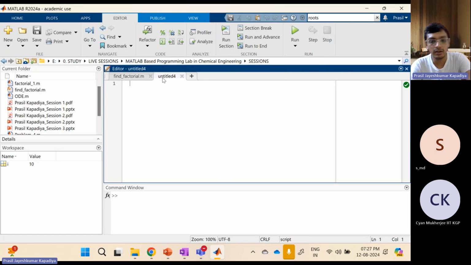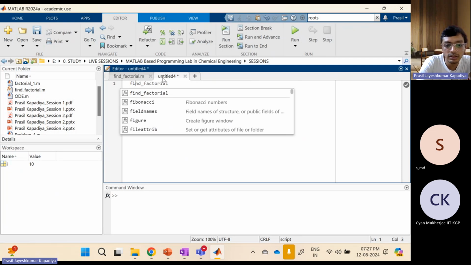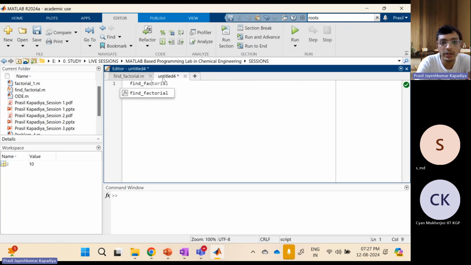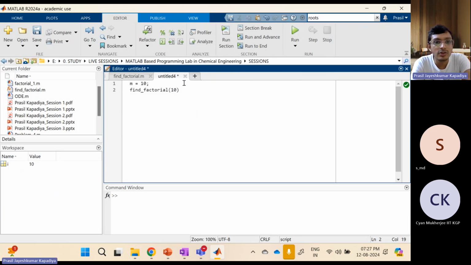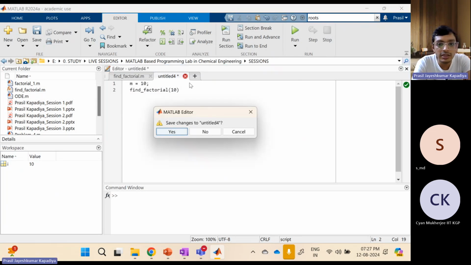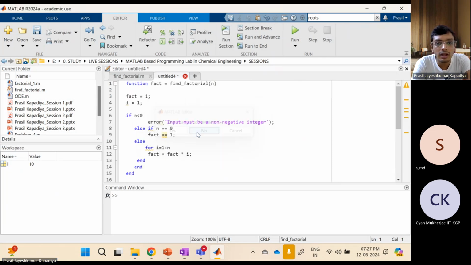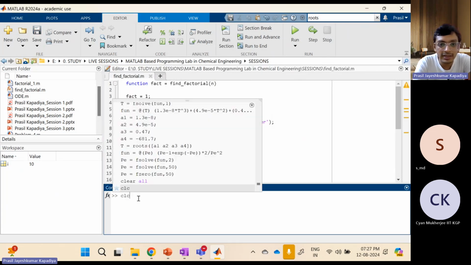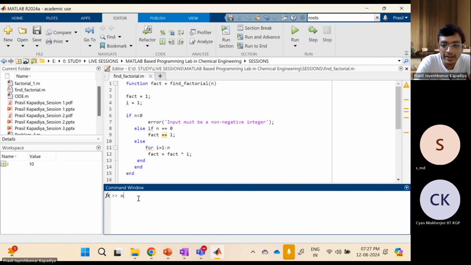Let's say I'm calling find_factorial, writing m is equal to 10, and calling my factorial function to find a value. It's not the live script, right? I need a live script. Okay, I guess I can write it here. m is equal to 10. And let's say I want to find the factorial using find_factorial of m.